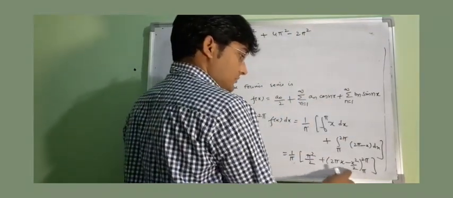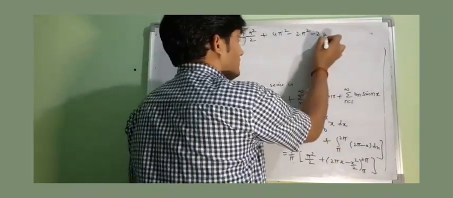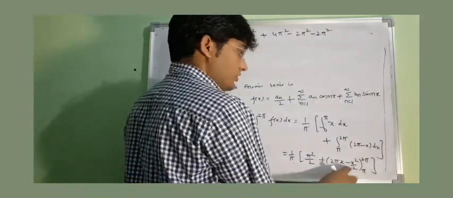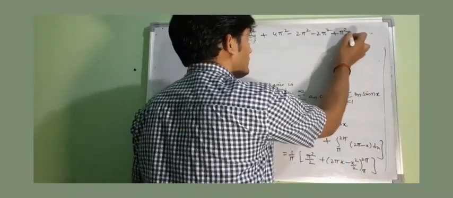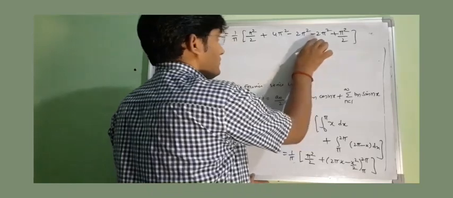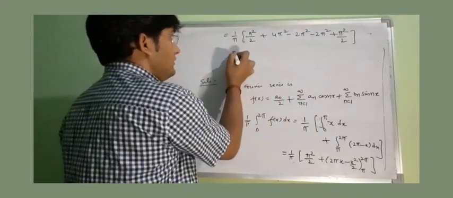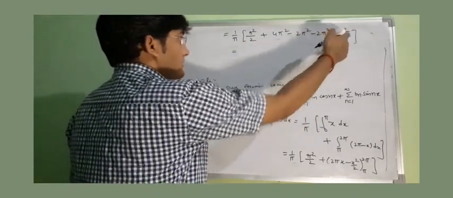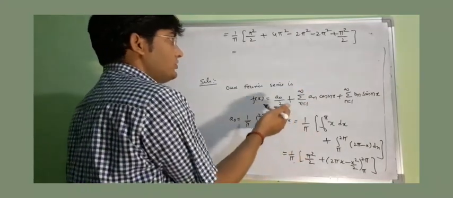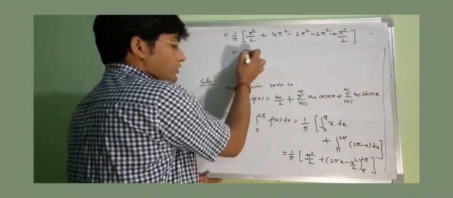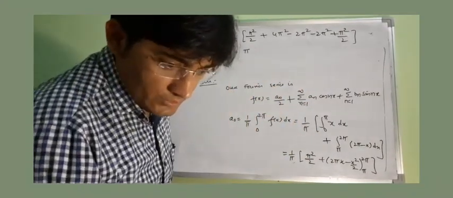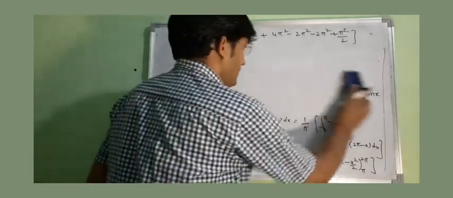Then at x equal to pi, this is again minus 2 pi square, and then we have pi square by 2. So these three terms will cancel. Hence pi square upon 2 plus pi square upon 2 means 2 pi square by 2. So a0 will be pi. So our a0 is pi.